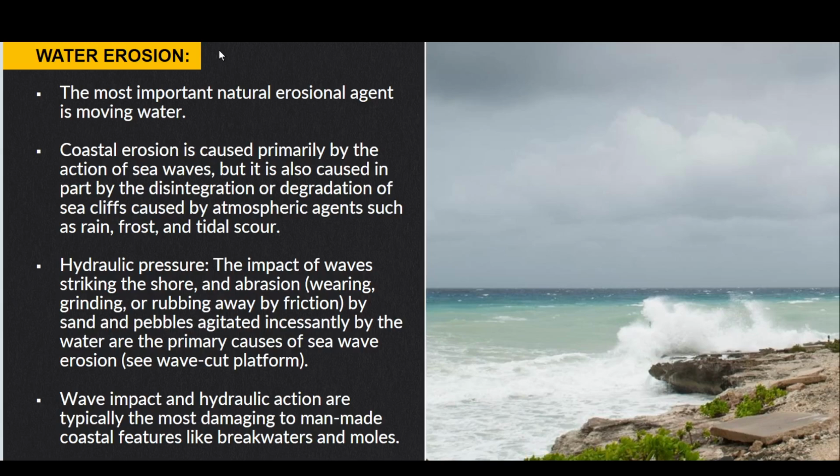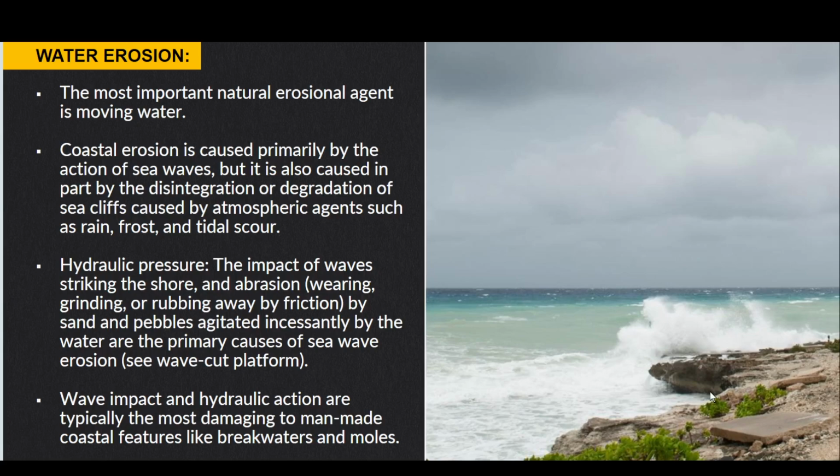So water erosion: the most important natural erosion agent is moving water. Coastal erosion is caused primarily by the sea waves because they have a lot of force, and they disintegrate rock. Then hydraulic pressure is the impact of waves.